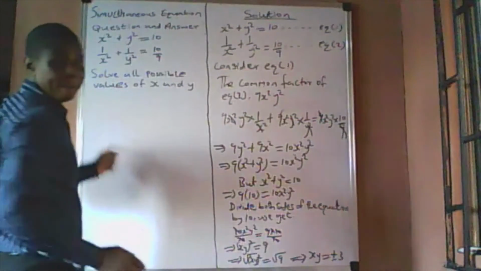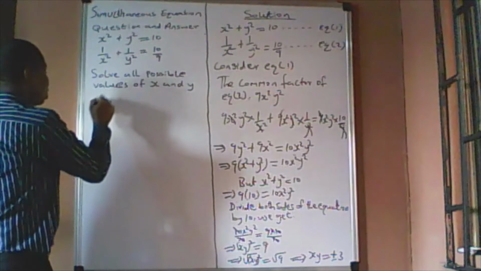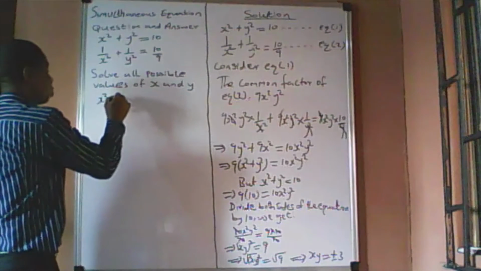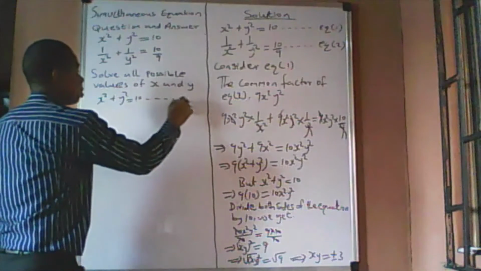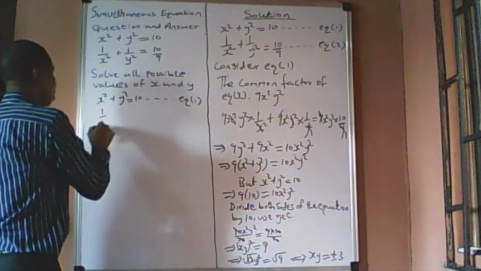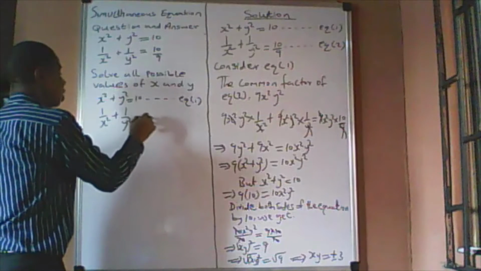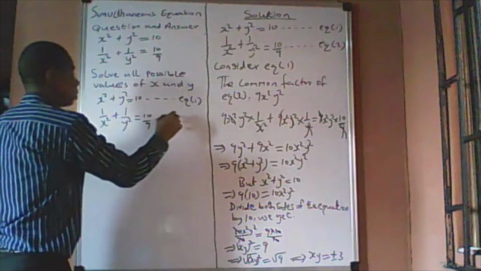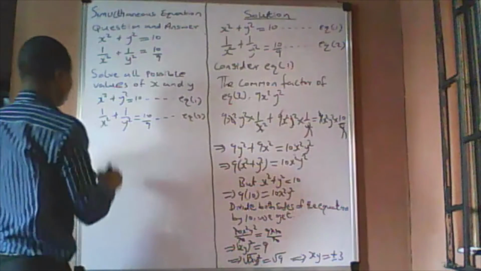We write it here. First of all, we have x squared plus y squared equal to 10, equation 1. 1 over x squared plus 1 over y squared equal to 10 over 9, equation 2.